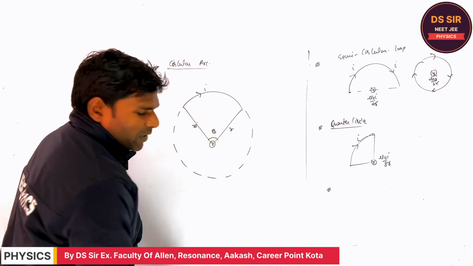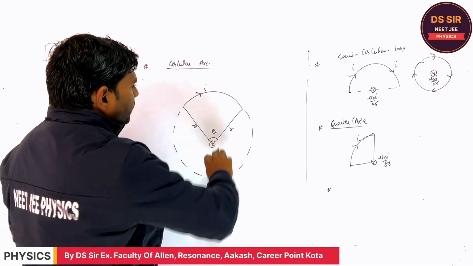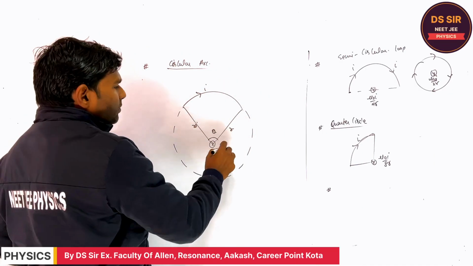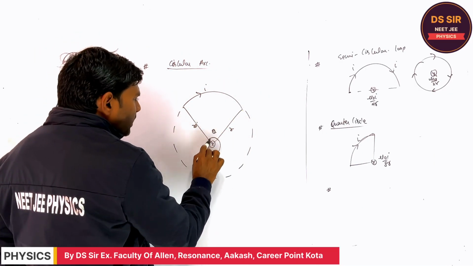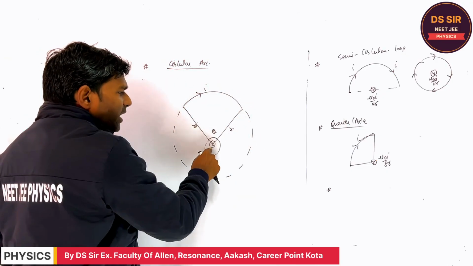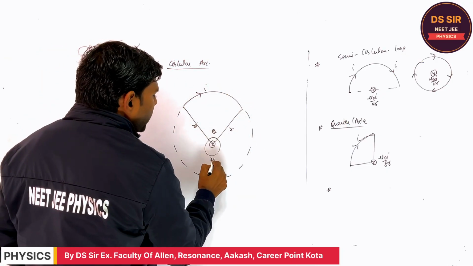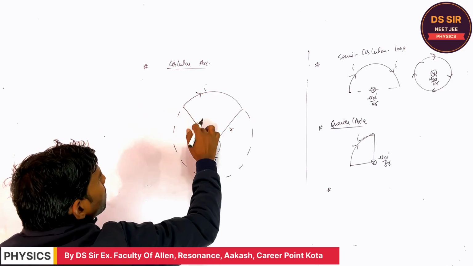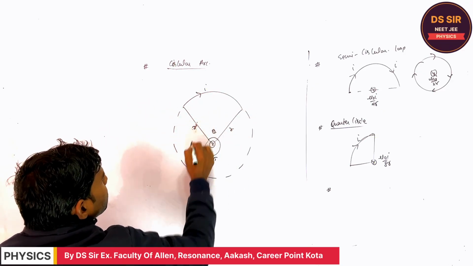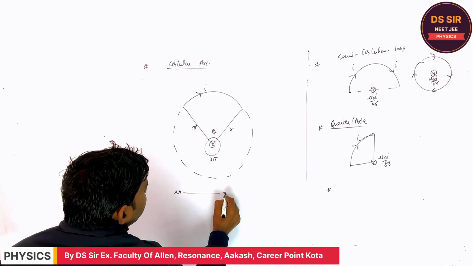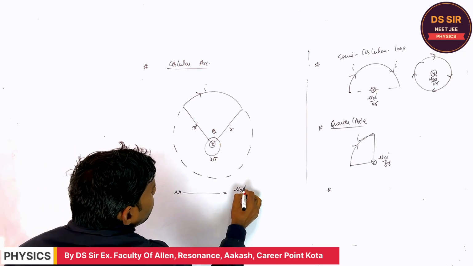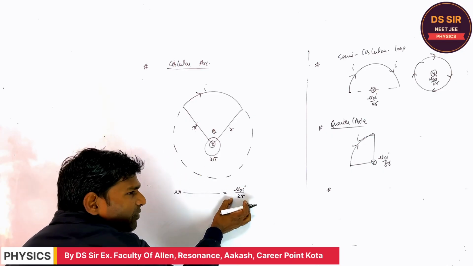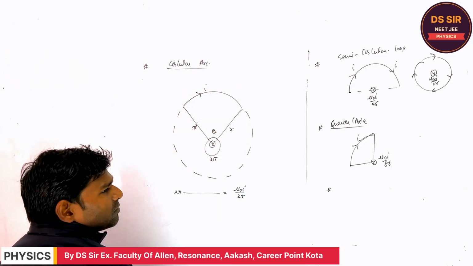Listen, how to find. If it was the complete circle, the angle made by the complete circumference at the center is 2 pi. When the angle is 2 pi, the magnetic field at the center is mu naught I upon 2r. This is the magnetic field due to the full circle.